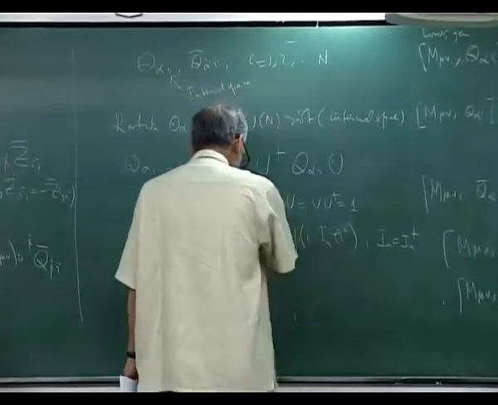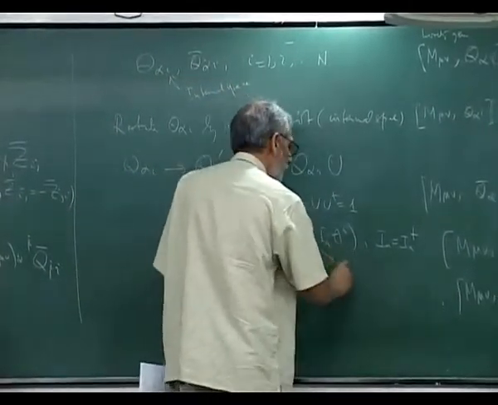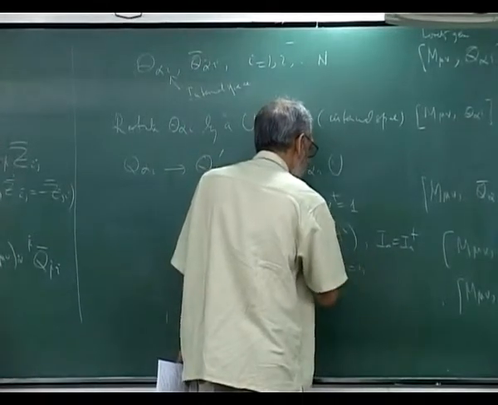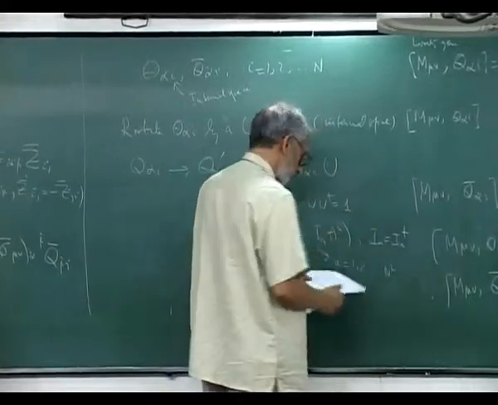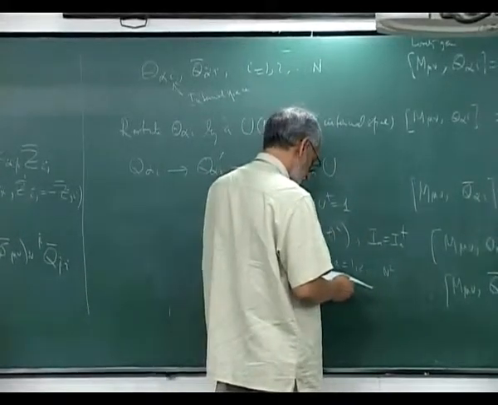And since it is an n cross n unitary matrix, the number of such generators, which means label A, goes from 1 to n squared, for U(n).